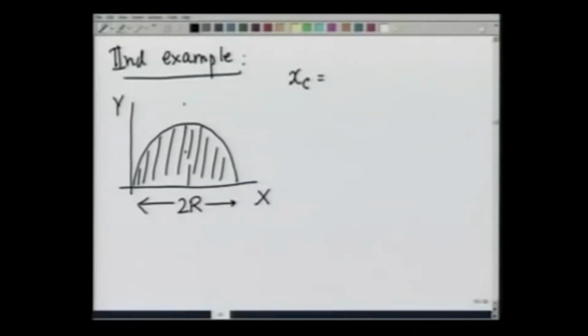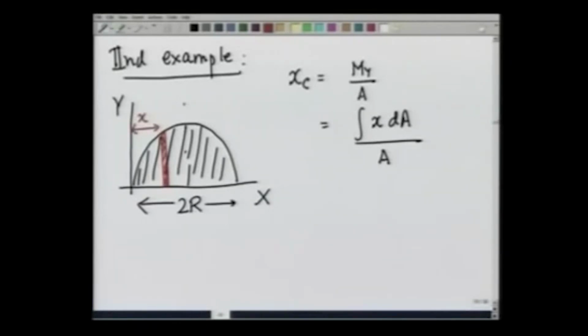So, again, xc is going to be equal to My over the total area. To calculate My, we do the integration of x dA over the area. To calculate the dA, I take a strip like this, which is a vertical strip at a distance x from the y axis.